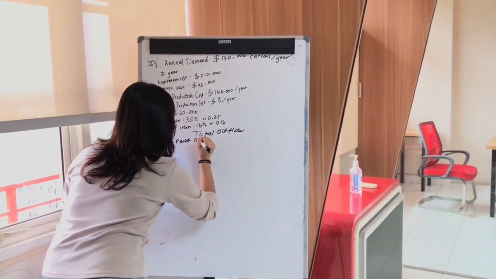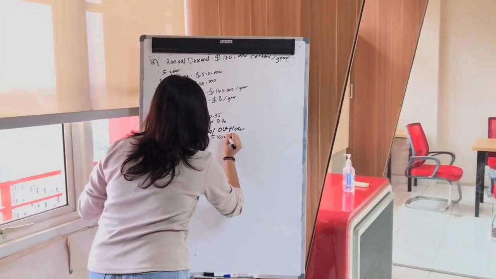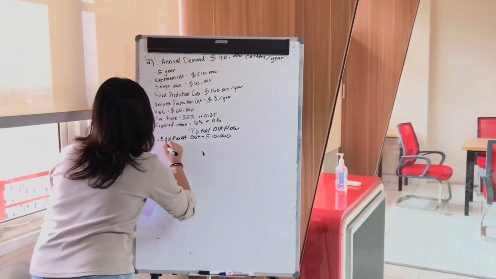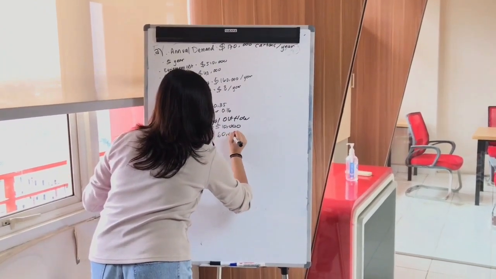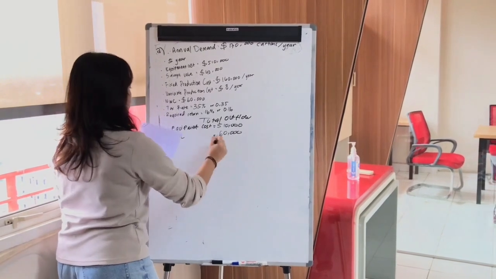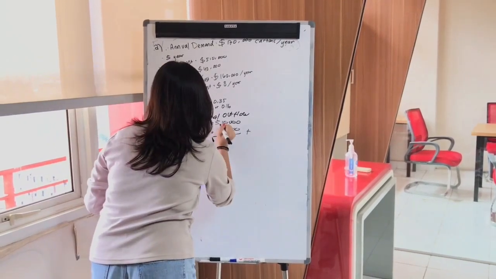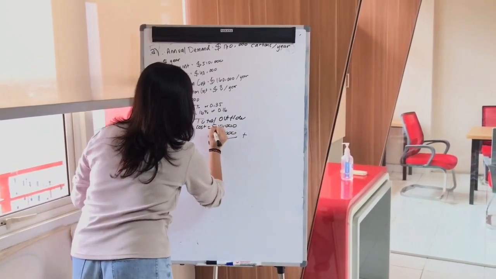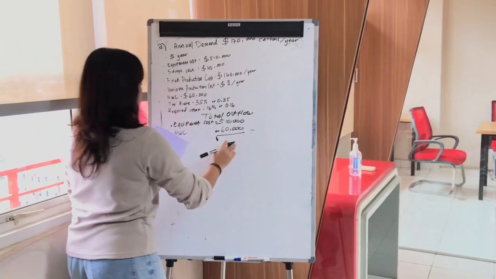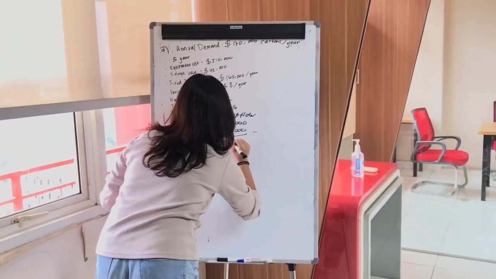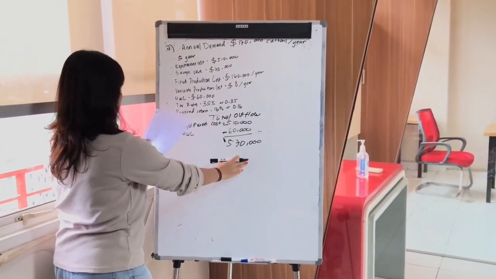We will use the equipment cost, which is 510, and the NWC, which is $60. If we combine this, we have minus 510 and minus 60. That means we get 570 for the total outflow.